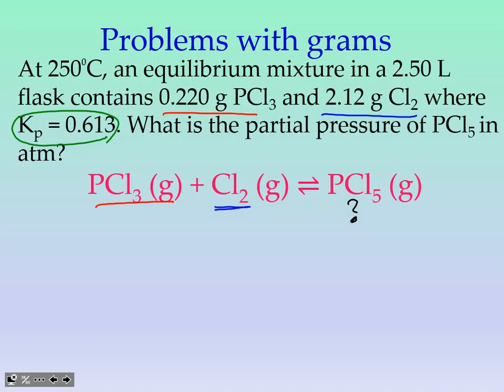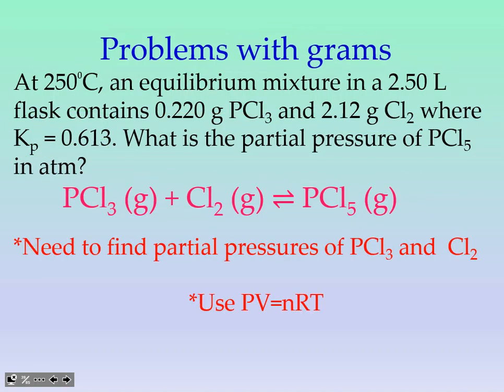We have temperature, we have volume, we have grams that we can convert to moles. So what can we pull in and use to find our partial pressure here? PV equals nRT. Yes, very good. This is where we have to pull in the ideal gas equation.